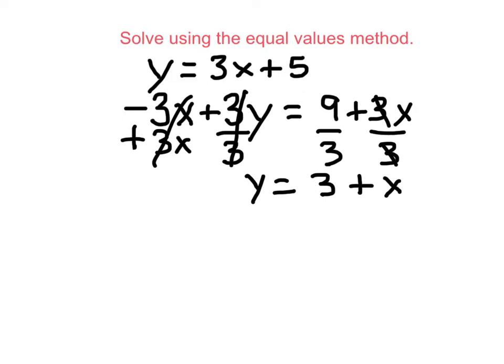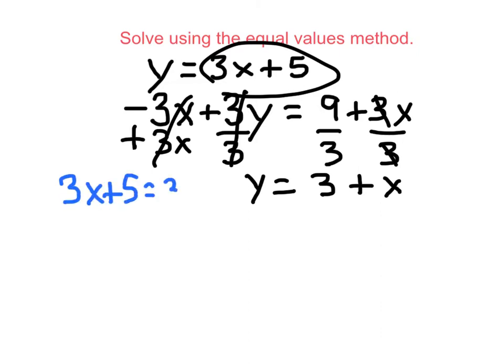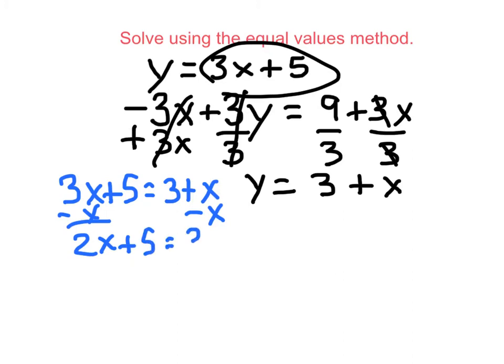Alright, so now I can set the two equations equal to one another. 3x plus 5 equals 3 plus x. Okay, let's subtract x from each side. So we get 2x plus 5 equals 3. Subtract 5 from each side.